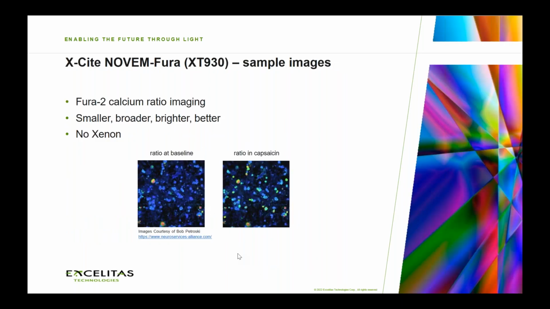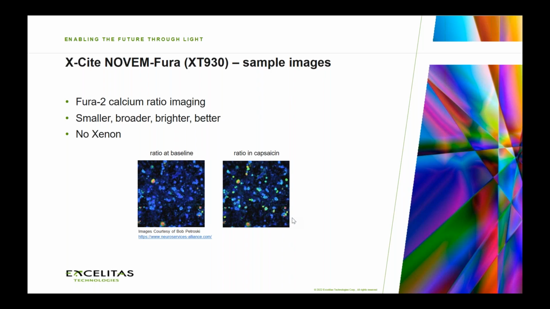So just some sample images of Fura 2 calcium ratiometric imaging. You would take an image at 340, you take an image at 380 of the control. Then you would add something that would cause a calcium influx. And then you would take another image at 340 and another image at 380.